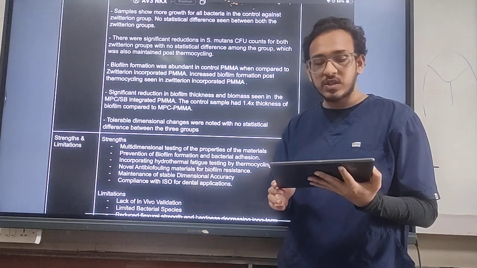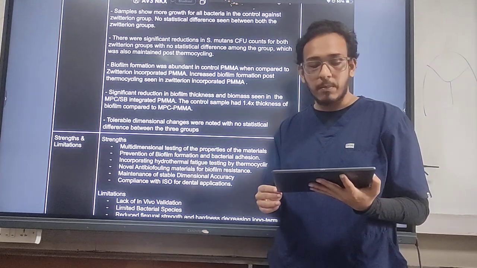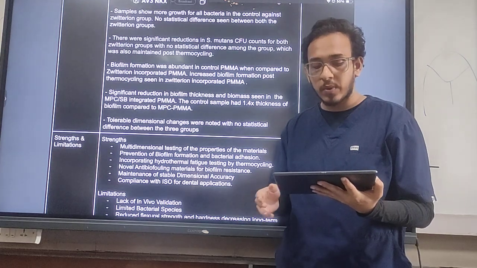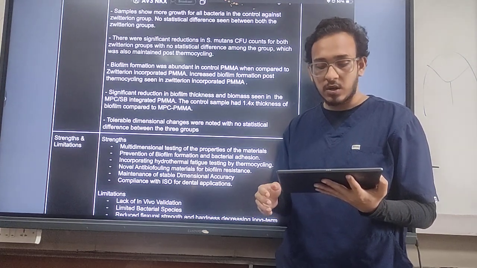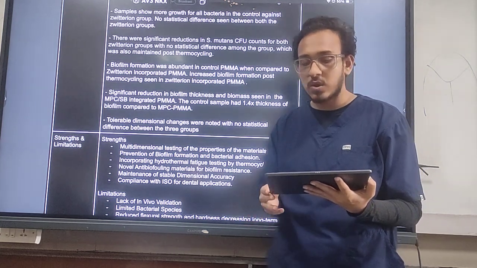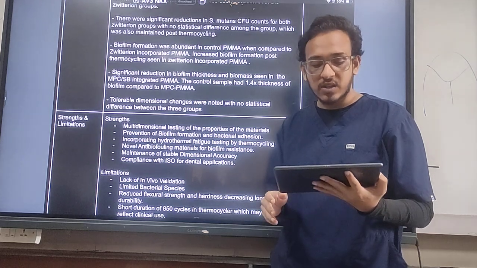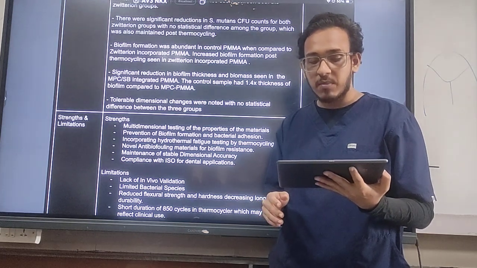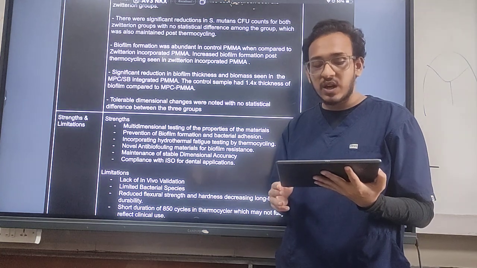The biofilm formation was abundant in the PMMA when compared to the Zwitterion incorporated PMMA. Increased biofilm formation post thermocycling was seen in Zwitterion incorporated PMMA. Significant reduction in the biofilm thickness and biomass was seen in the MPC-SB incorporated PMMA.